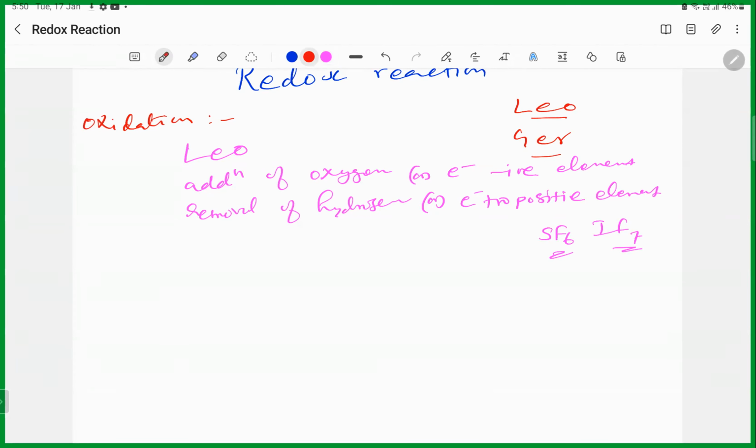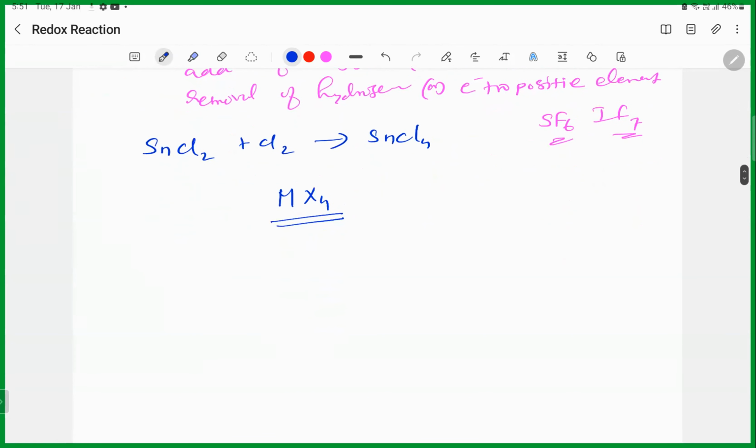For example, consider this reaction: SnCl2, when you add Cl2, becomes SnCl4. How do we find the oxidation number when writing MX4, a metal atom? The 4 goes to the superscript of your metal, and the subscript goes to the superscript of your non-metal.